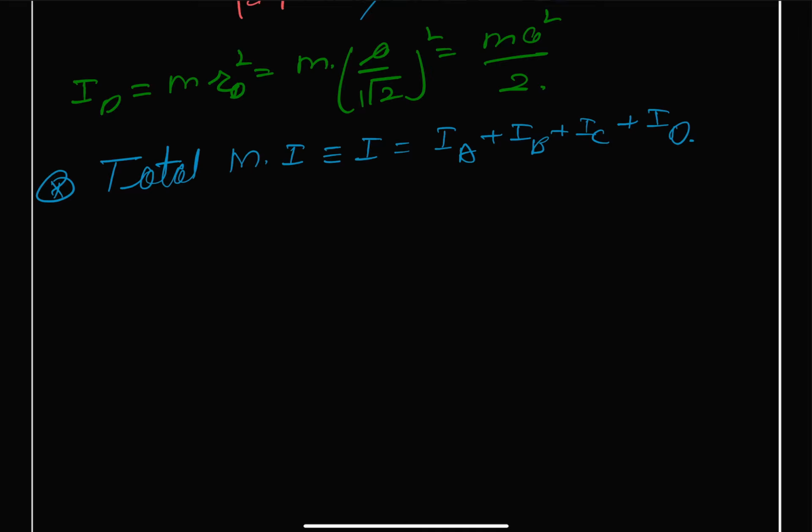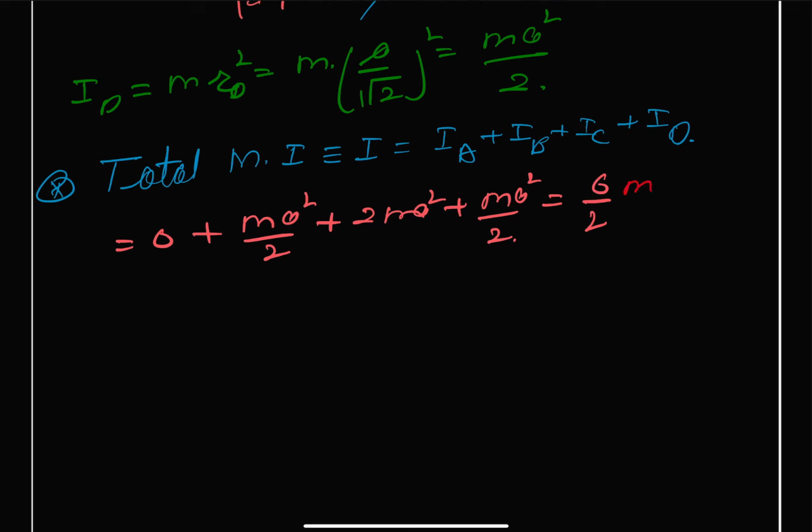And IA is our 0 and IB is our m a square by 2, plus 2 m a square plus m a square by 2. And 2 we can take as LCM, so this becomes 4 plus 2 is 6, so this will be coming as 6 by 2 m a square, and 6 by 2 goes to 3, so we get total moment of inertia is equal to 3 m a square.